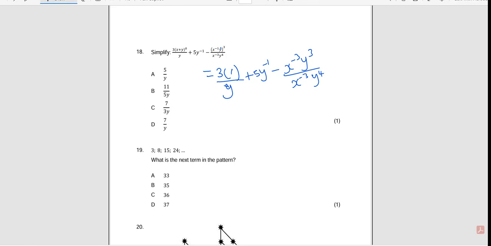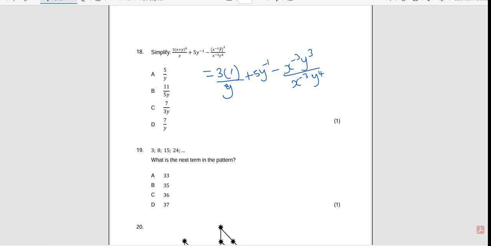So from there, we are going to change this one so that this y can be in the denominator.